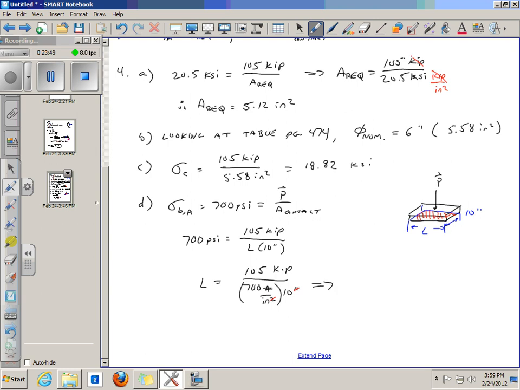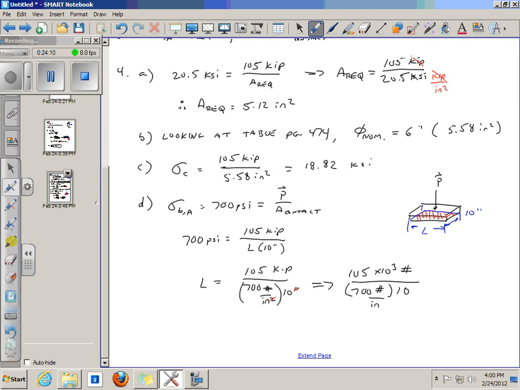It's going to be easier to convert a kip or kilopound into pounds. It's just 105 times 10 to the third pounds over 700 pounds times 10, and we get inch.